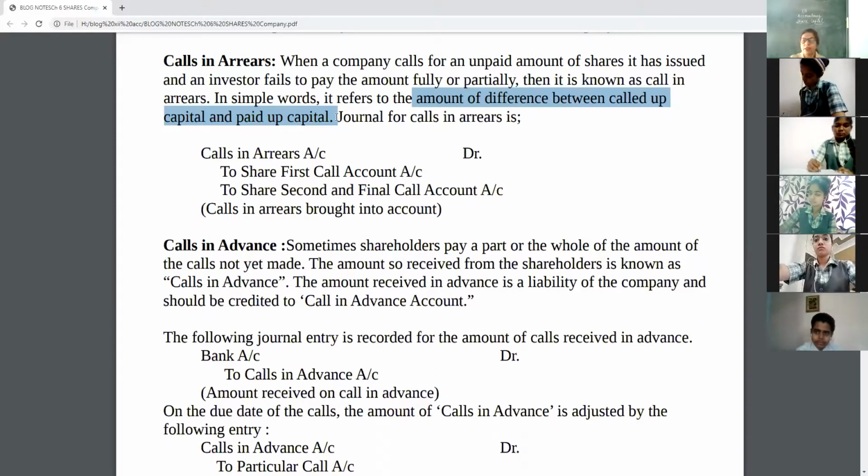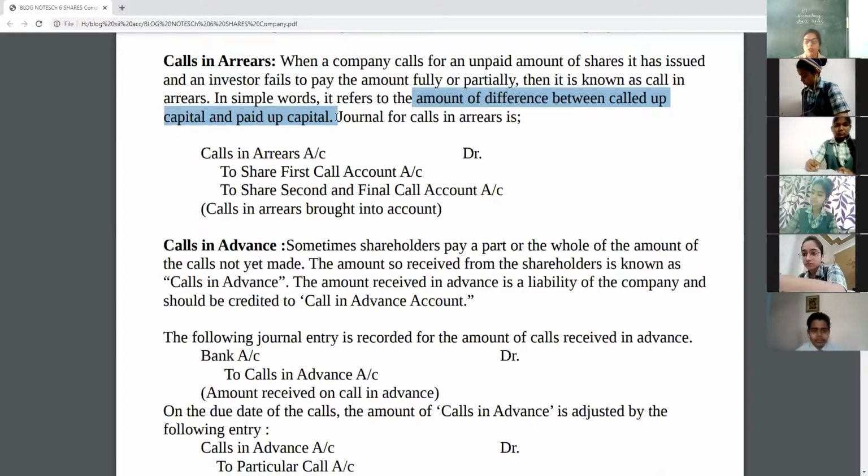In that case, 200 will be termed as calls in arrears and it will be partial. But fully means the complete amount is not paid by the investor, and partially means some part is not paid by the shareholder.